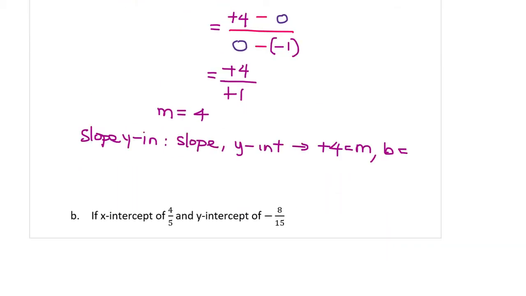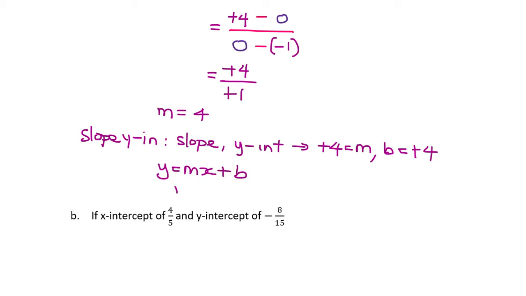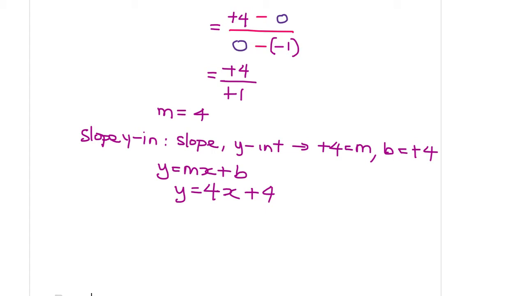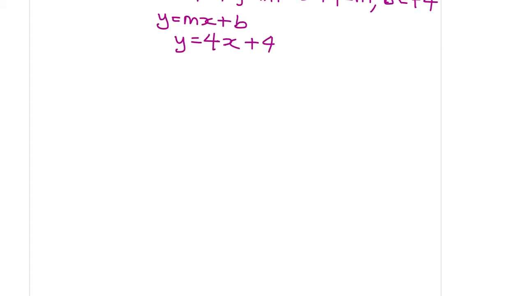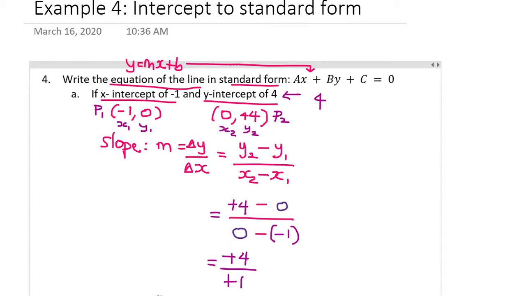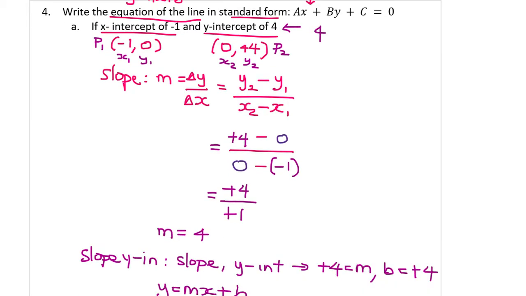So b is equal to +4. So when writing y equals mx plus b, m is 4, we put our x, and plus b, which is positive 4. That is our second step, which is to determine the slope y-intercept form of that equation given the x and y intercept.